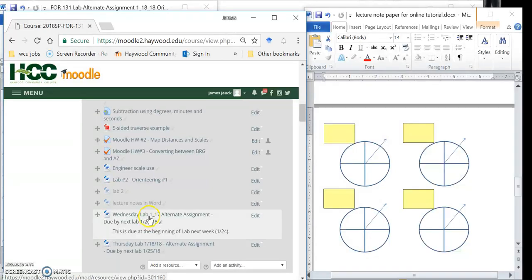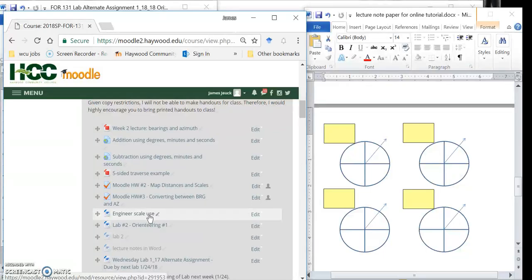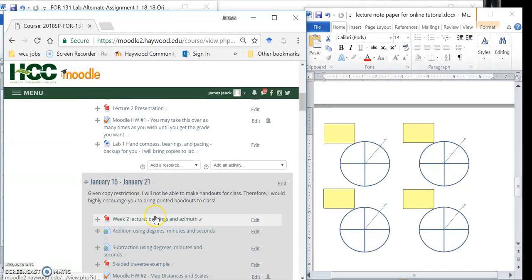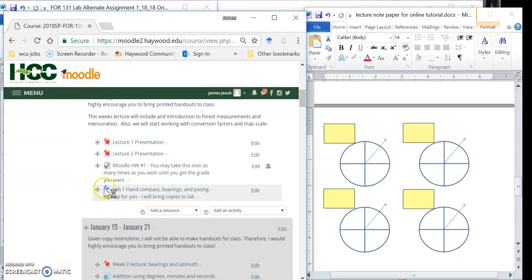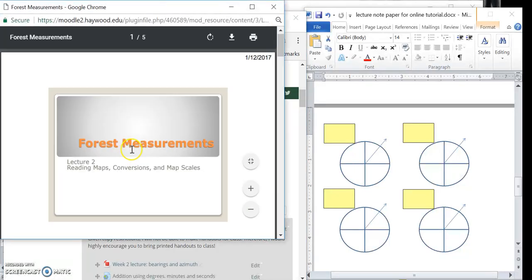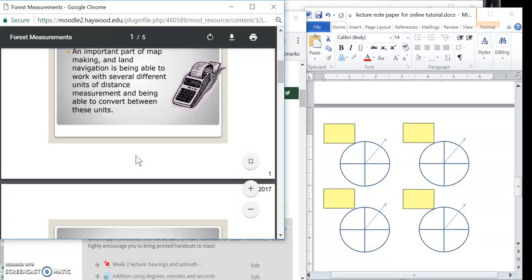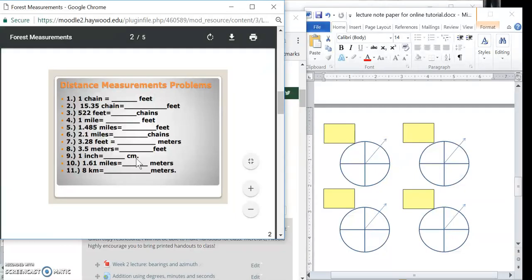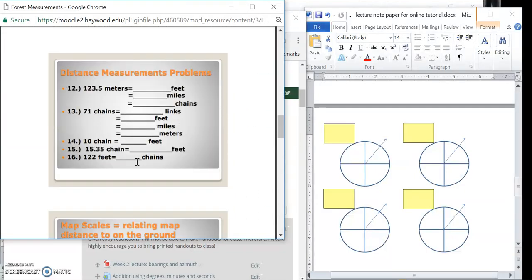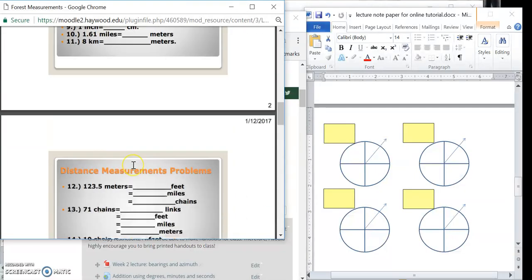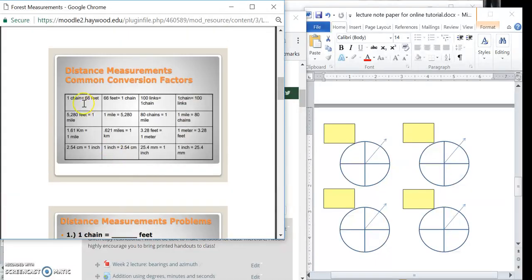So I'm going to do a quick review of some of the things that we covered last lecture. That was in presentation 2. It was reading maps, conversions, map scales. So again, just a reiteration of what some different scales are that we work with.